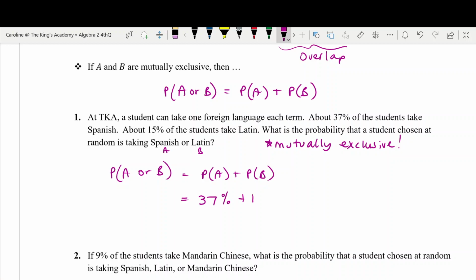What was that? 15%, and you're just adding them together. 52% of the students take Spanish or Latin. Or you could say the probability of a student chosen at random taking Spanish or Latin is 52%. It could be worded in either way. The answer is just 52%, honestly.